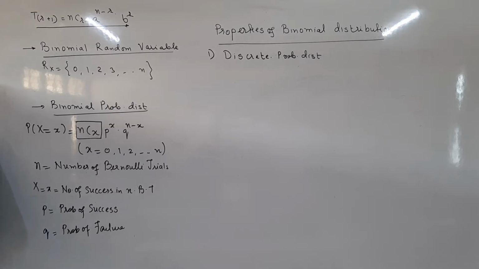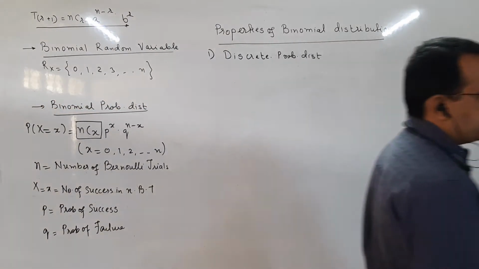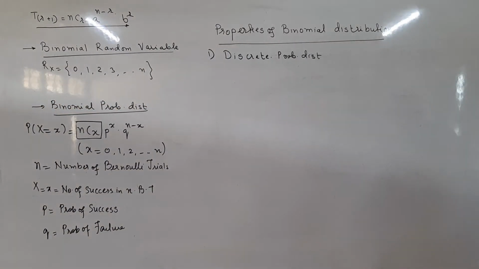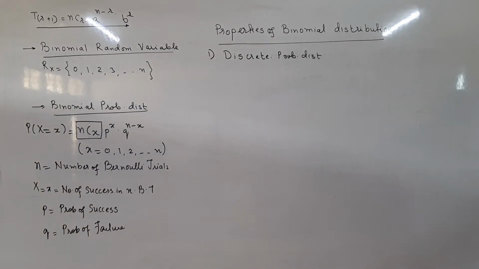The answer is discrete. Suppose I am tossing a coin 100 times. Number of successes can be any integer from 0 to 100, so there are only 101 possibilities, which are definitely countable. So the first property of binomial distribution is that it is a distribution of a discrete random variable.